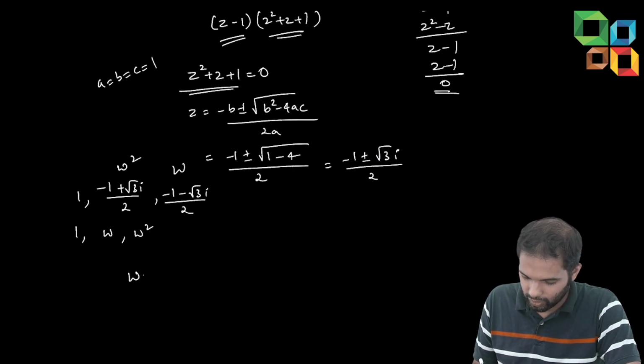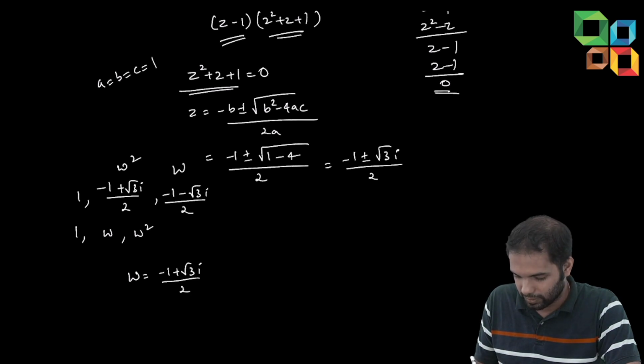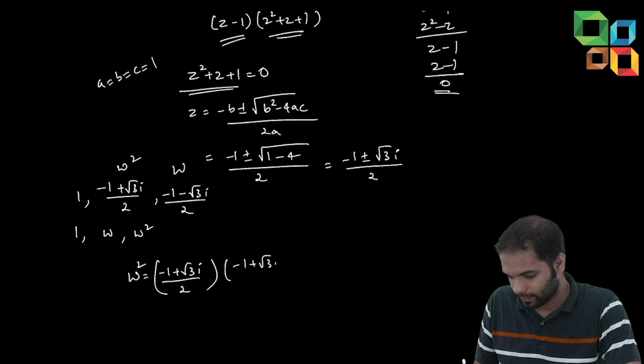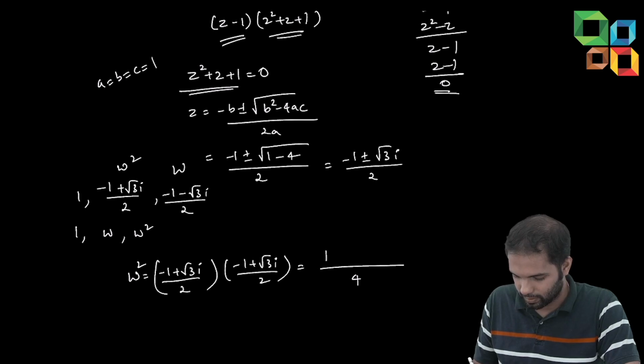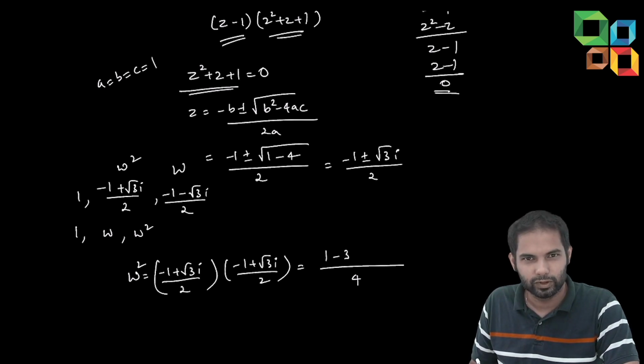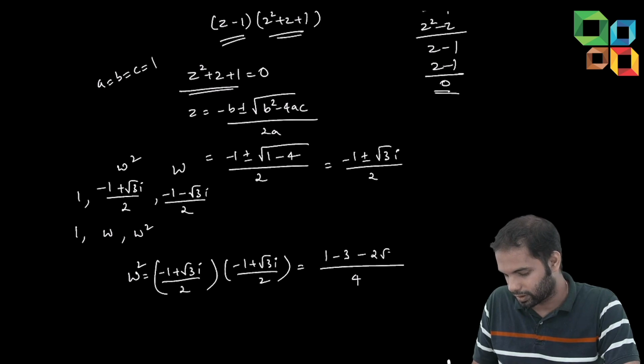Let's see. Omega is minus 1 plus root 3i by 2. Let me just try to square it. That means I'm multiplying the same term again. The denominator is 4. Numerator is a plus b whole square. So it's 1. Root 3i whole square is minus 3. Then 2 into minus 1 into this, so it is minus 2 root 3i.